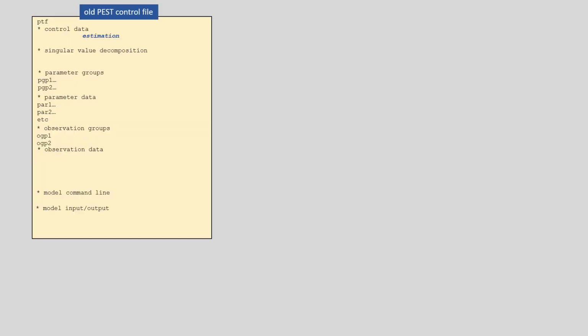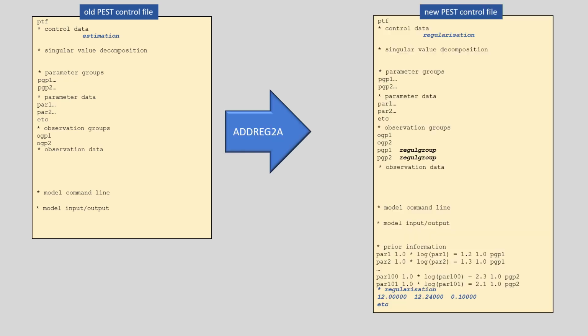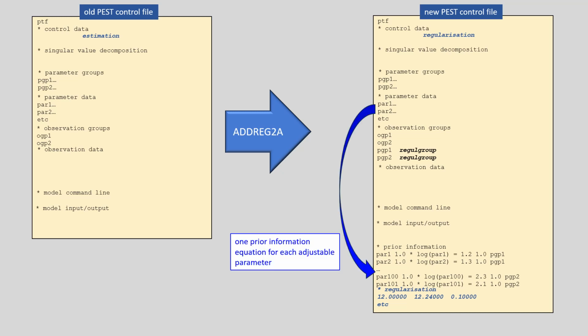Now let's look at ADDREG2A, which is very similar except for one vital thing. Here's our existing PEST control file. We run ADDREG2A, we build a new PEST control file, but this time we use the regul group protocol to identify observation groups which are regularization groups.